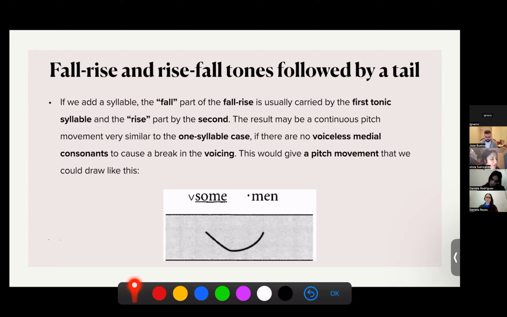It's bilabial. Bilabial, nasal. Yes, it's nasal, but is that voiced or voiceless?